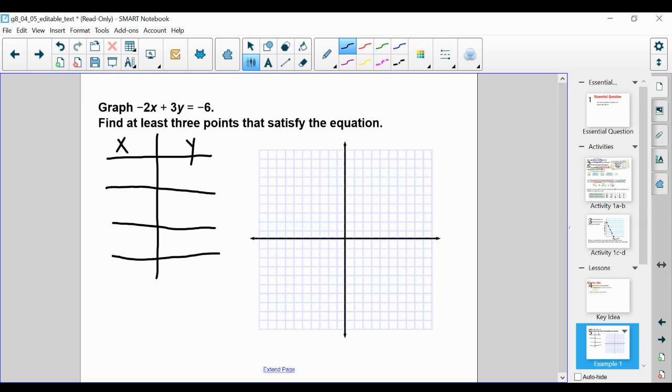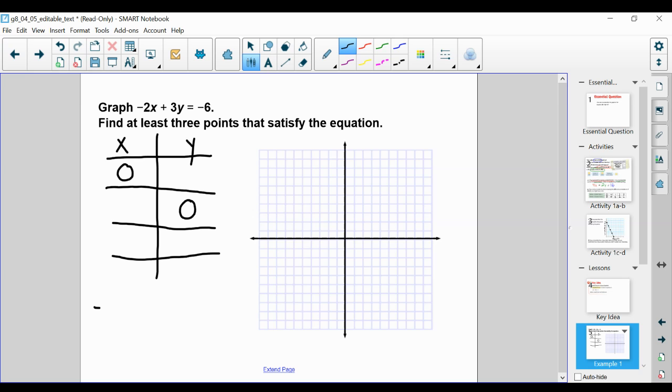Here's my biggest tip. Since we are able to freely choose coordinate points, or at least one value of the coordinate point, you want to use 0 for both the x and the y. So if we let x be 0, we can solve for y. If we let y be 0, we can solve for x. Let's do these first two, and then we're going to find a third one.